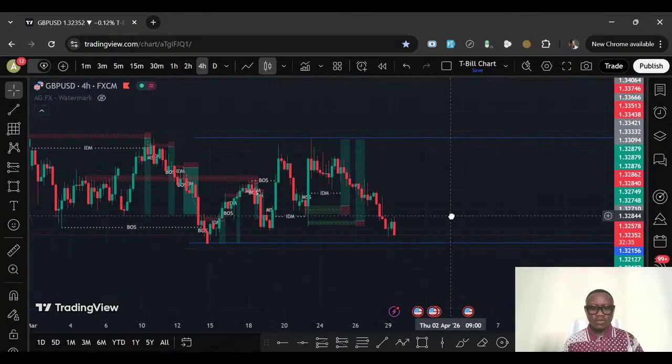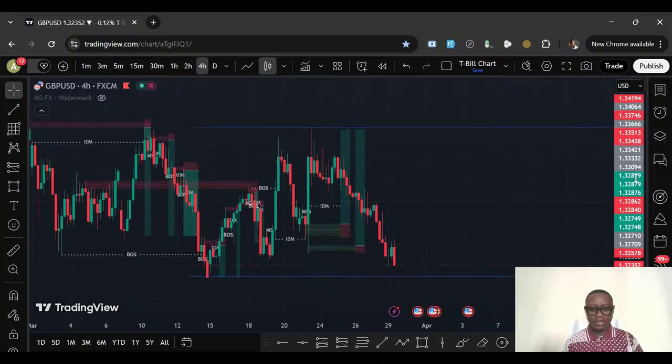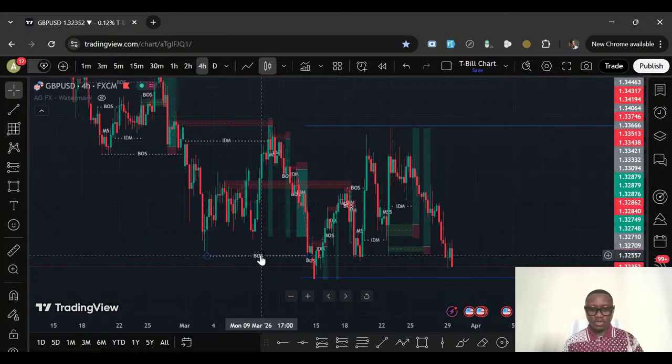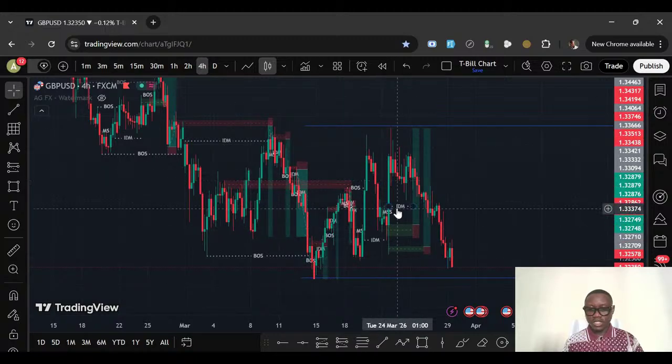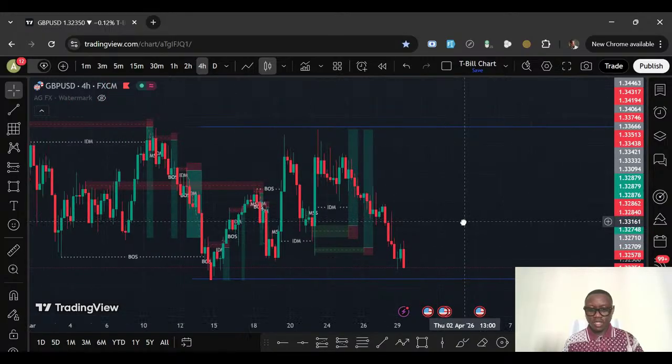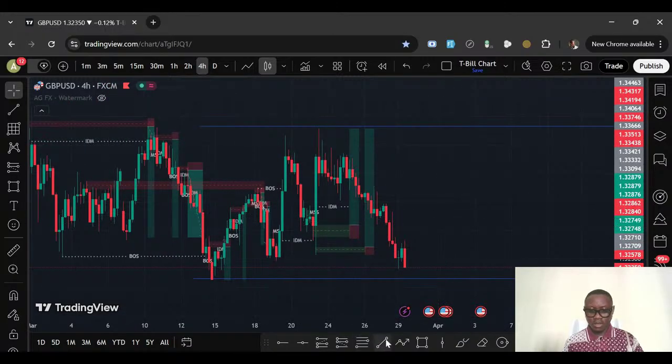Okay, so on the 4-hour time frame, this was the last break of structure to the downside that we got. The market gave us this low. Of course, the market has shifted bearish. We're already bearish, and we expect price to take out this low right here. So let's mark out our structure.